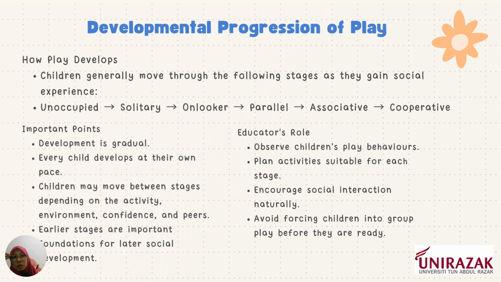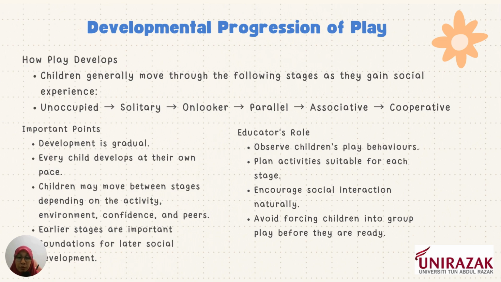As we can see, children move through different play stages as they grow and learn. From the beginning slides, we saw it started with unoccupied play, which usually happens at infant age, and then moves to solitary, onlooker, parallel, associative, and finally cooperative. It is very important to remember a few key points about this development.